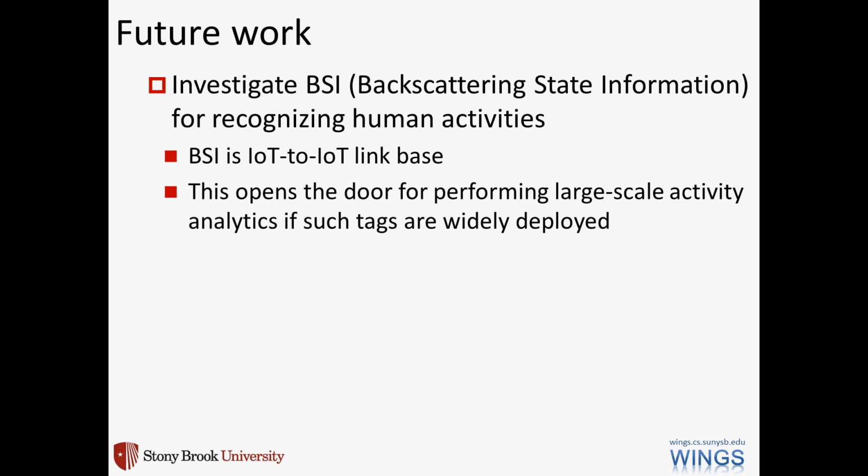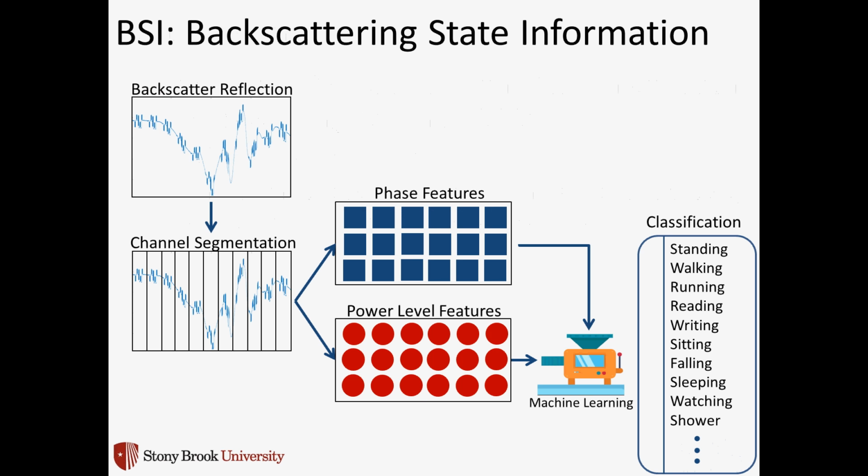We're going to measure how they are responding, how the channel is received, and how the channels are characterized based on human activity. We believe this opens the door for performing large-scale activity analytics if such tags are widely deployed. We have done some work, and this is how it works, and we are going to do more to make our paper stronger.